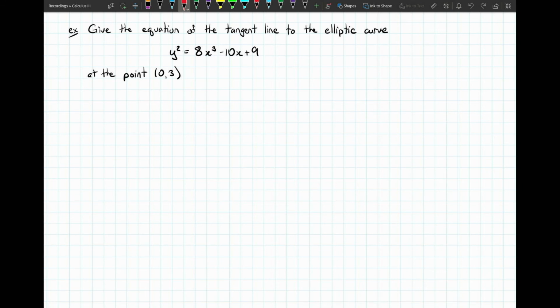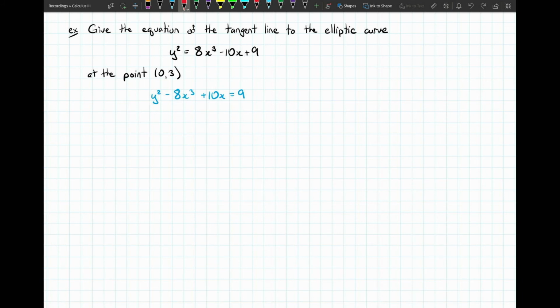So let's just leave this function as it is and see if we can find the equation of the tangent line to this elliptic curve at a given point, (0, 3). If we want to use that last property that we came up with for gradients, we're going to want to make sure that this implicit form is at least of the form f of x, y equals k. So why don't we move just about every term over to the left-hand side, but it's okay to leave the 9.